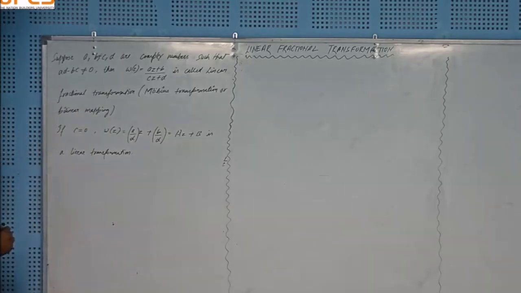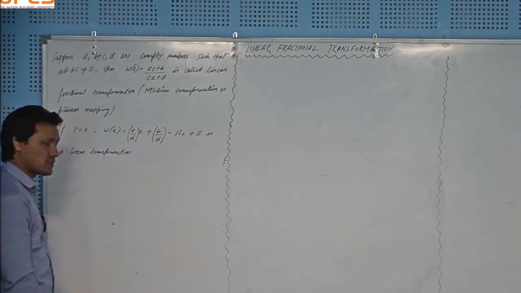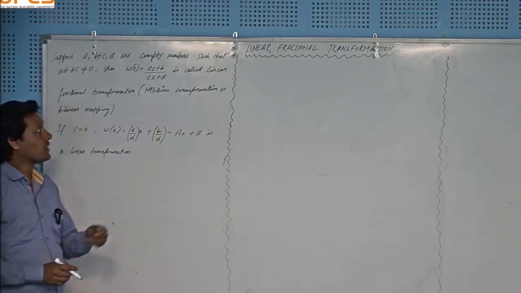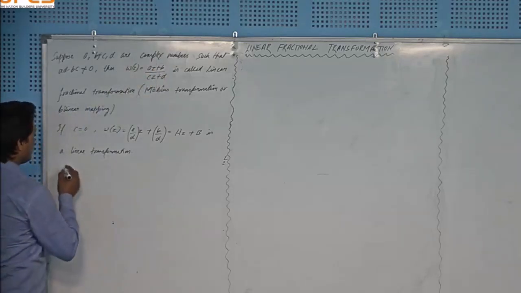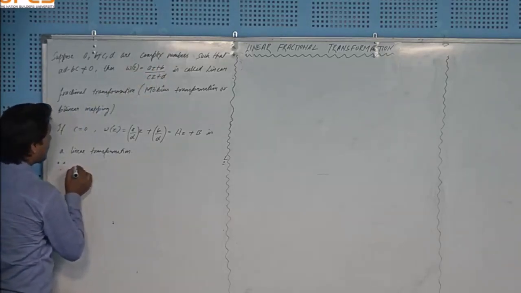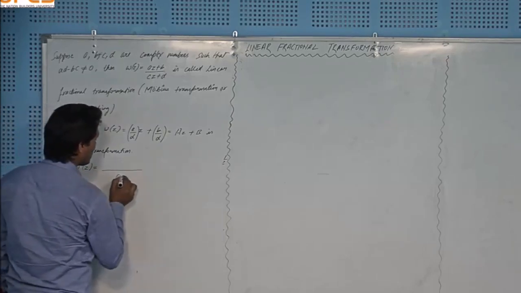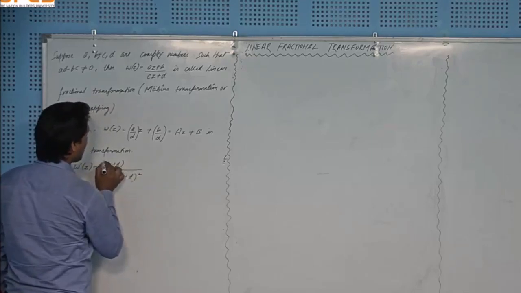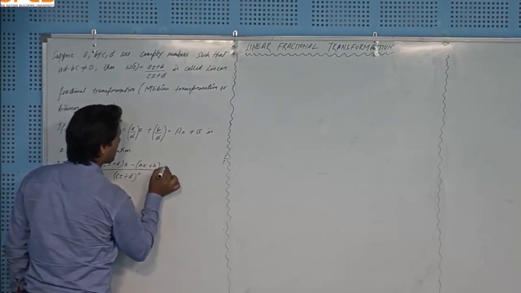Okay, and we want to investigate whether this transformation is conformal or not. Recall that a mapping is said to be conformal at the points where its derivative is non-zero, right? So I will find its derivative and investigate whether it becomes 0 or not. Since w'(z), I will differentiate it, and that will produce (cz + d)^2 in the denominator, and in the numerator (cz + d) multiplied by a minus (az + b) multiplied by c, right?